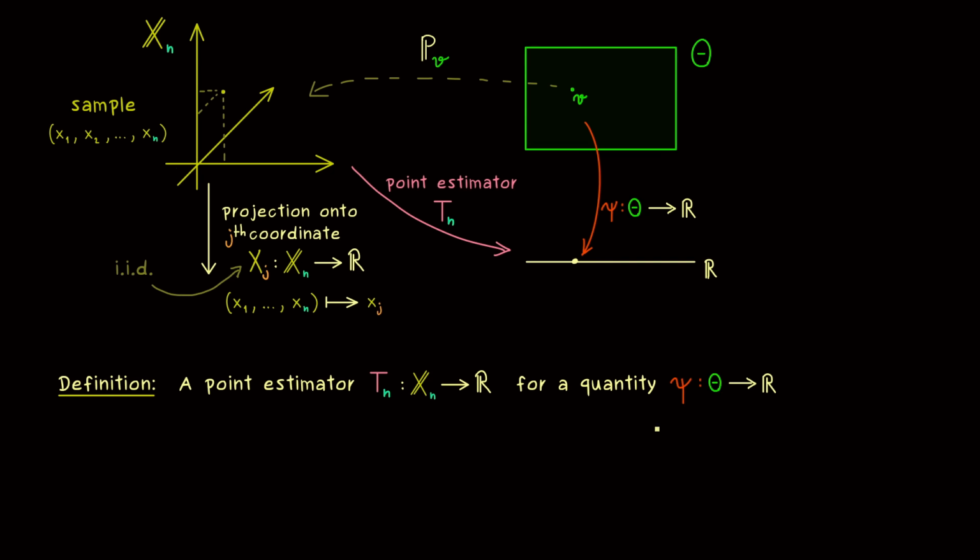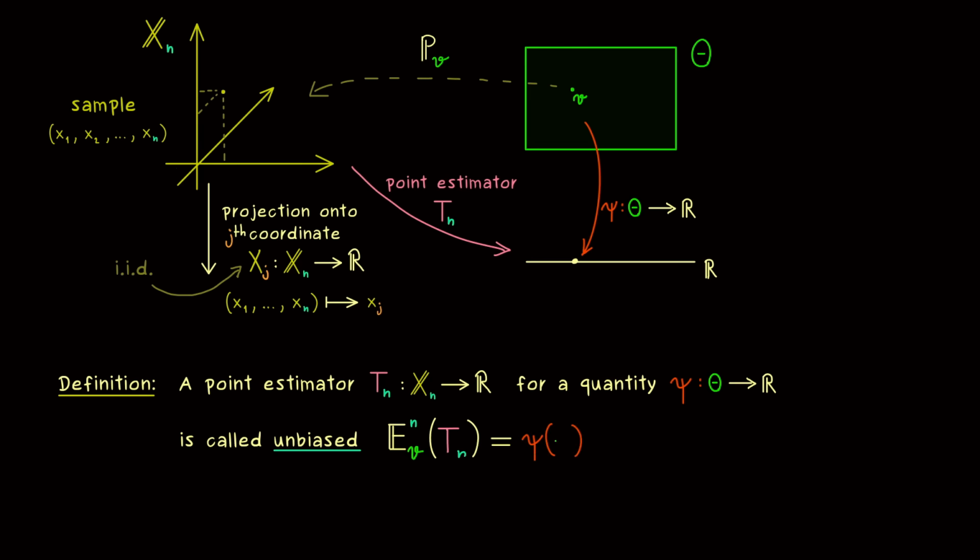And here I write quantity to make clear that usually we have something like the mean or the variance of the distribution. And now we can define the term unbiased for the point estimator Tn with respect to our quantity psi. Namely, what we want is that the expectation of Tn calculated with our product measure is always the same as the value under psi.